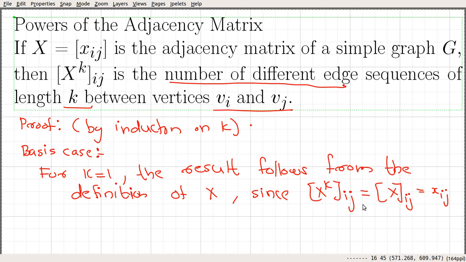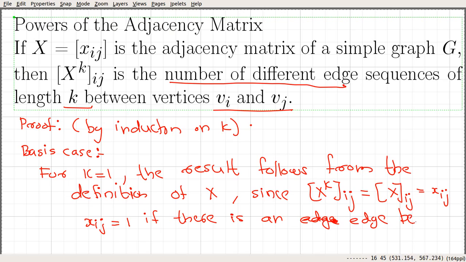Okay, and this xij is equal to 1 if there is an edge between vertices vi and vj.